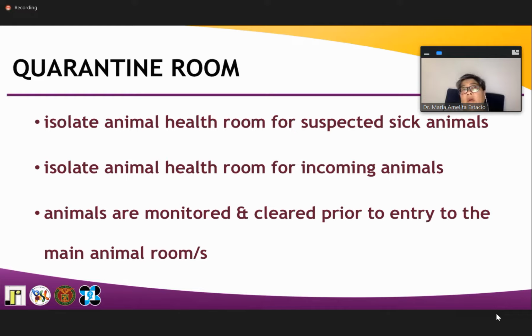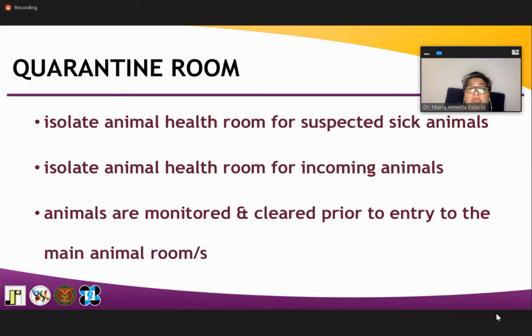And if there are only individuals or a few animals that are sick, normally instead of treating them, we usually cull them or euthanize them in order to prevent infection of other animals in the lab animal facility.